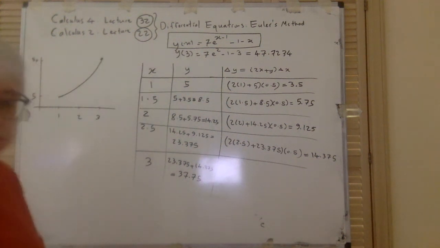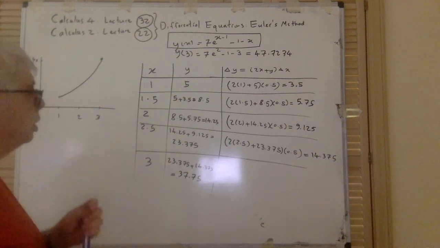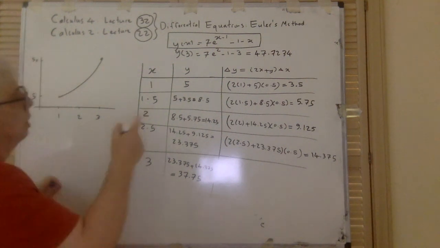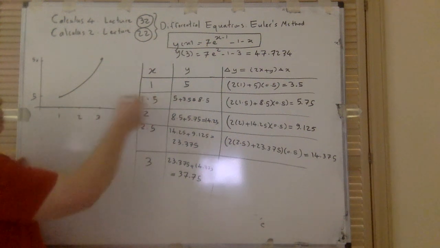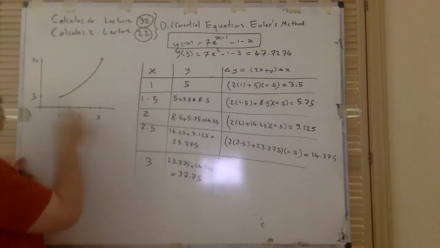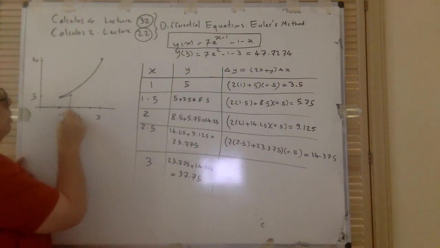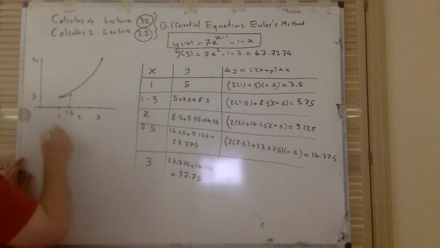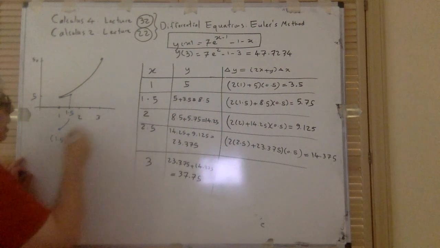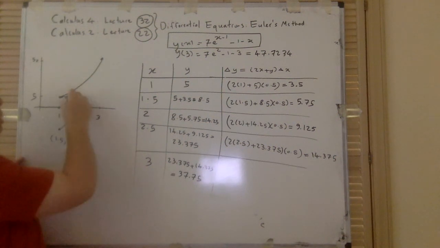So what have I done here? I go 0.5, 0.5. At this point I have this. Then this is the value that I have found. At 1.5, I found 8.5. So this point is 1.5, comma 8.5, right?